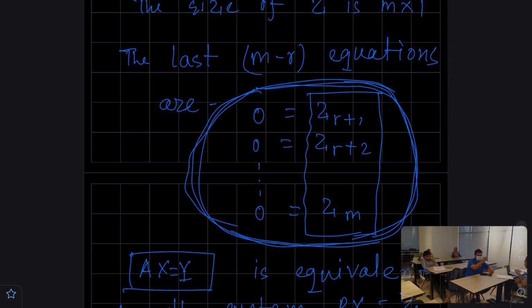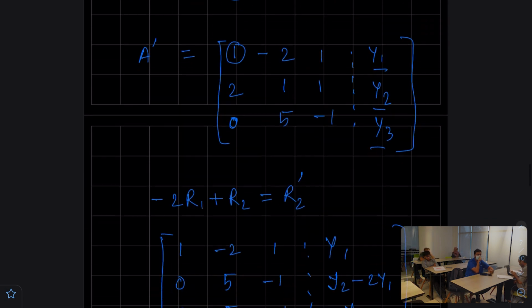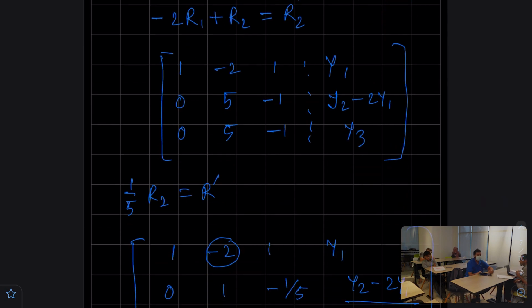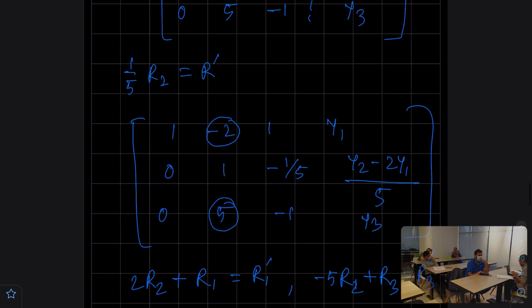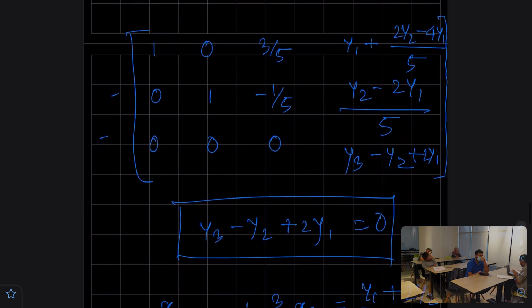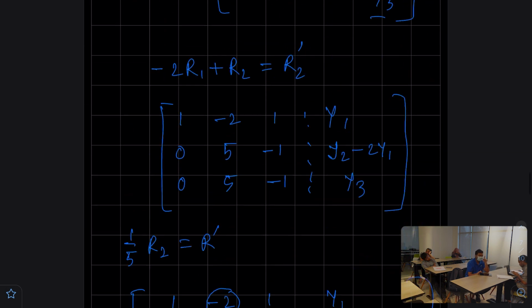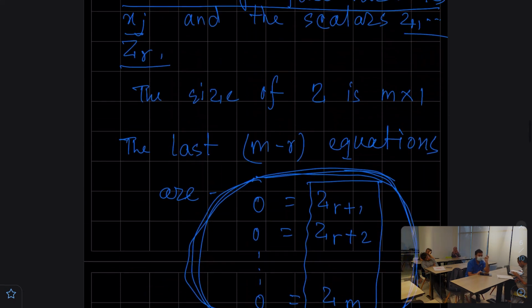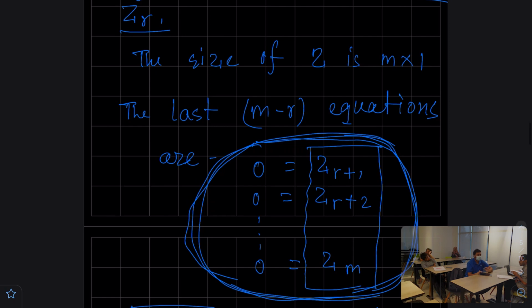No, y3 doesn't have to be 0, because after taking the EROs on this augmented matrix, we end up with y3 minus y2 plus 2y1. Remember, I think it was written there. Yeah, I get it. Do you understand it?